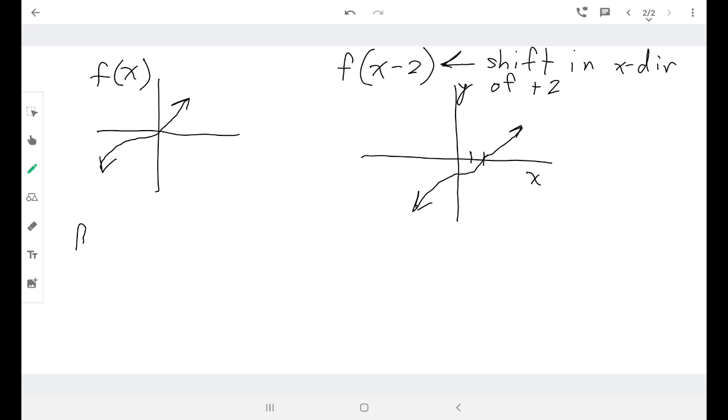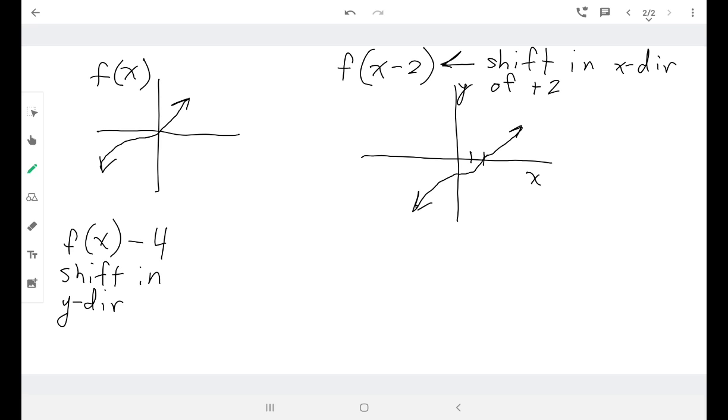If I were to instead add something onto it or subtract something away from it, let's say I do minus 4, and so this is now not grouped with x. You can see the difference, hopefully, between grouped with x and not grouped with x. This represents a shift in the y direction.